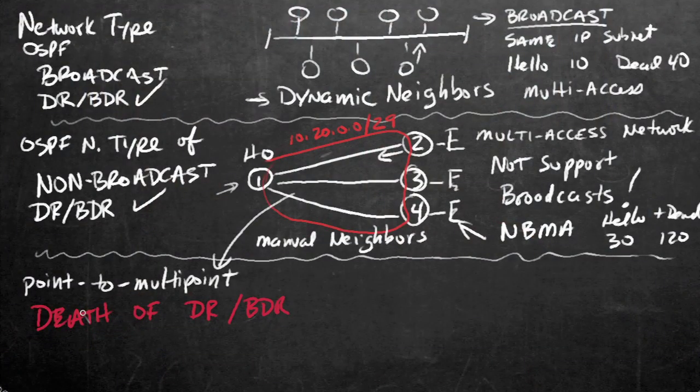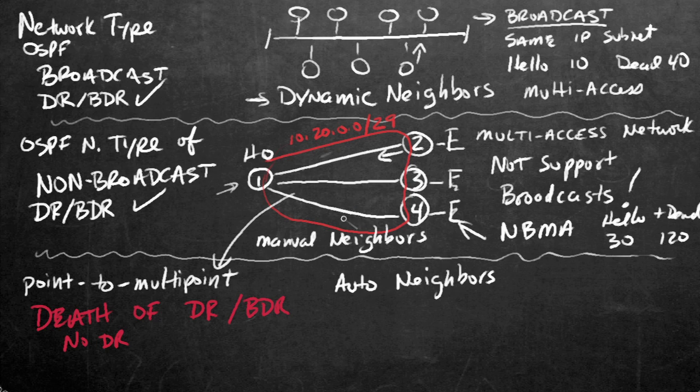So with point-to-multipoint, no DR. We have auto neighbors, which means if you've got your infrastructure set up correctly with the broadcast option on your data link on your PVCs, the neighbors will automatically be able to identify each other.